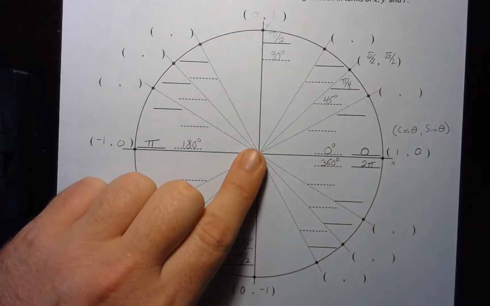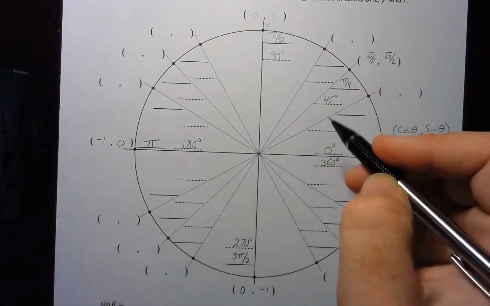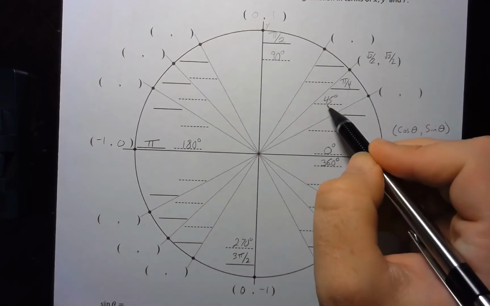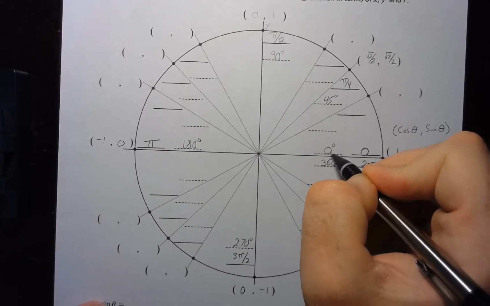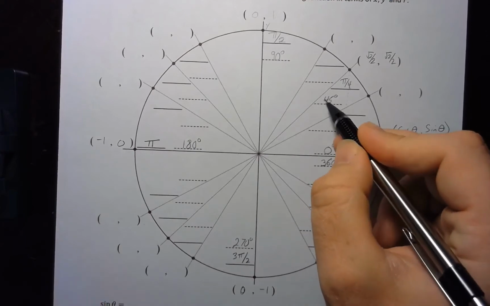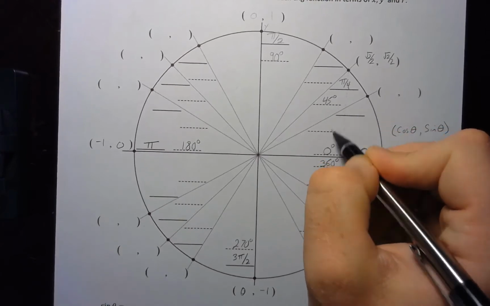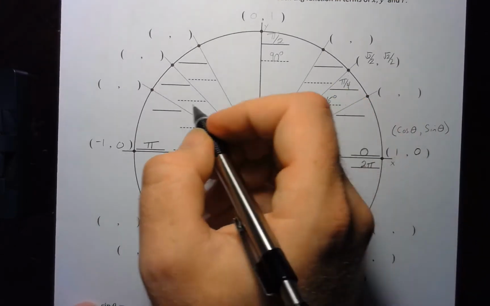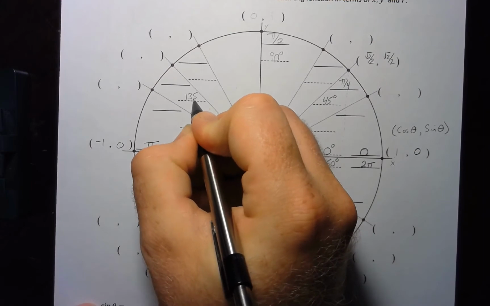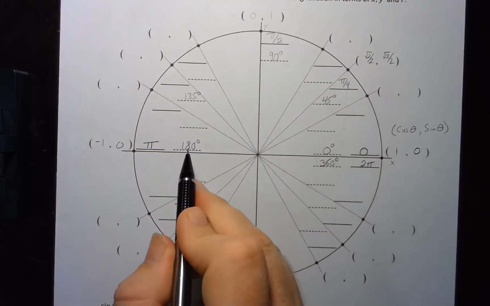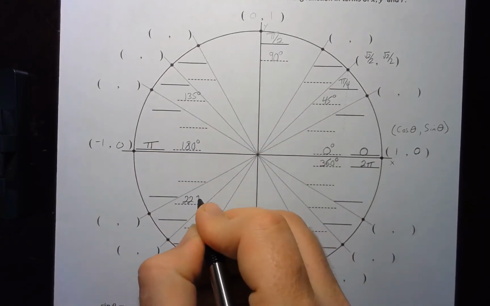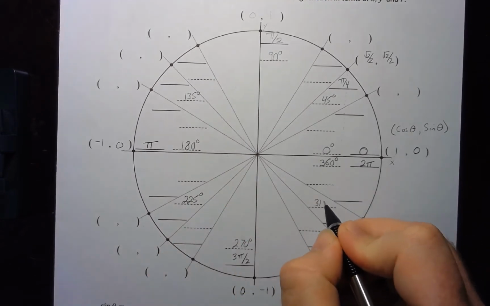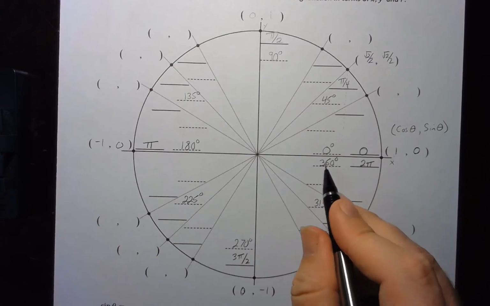Now, to fill in the rest of the values, before I go any further with the x and y coordinates, let's count the degree measures. Now again, I don't really like counting these degree measures, but we're going to have to do it. I go from 0 to 45, I add 45 to that, I get to 90, I add 45 to that, I get to 135, 45 to that, I get to 180, 45 to that, I get 225, 45 to that, I get 270, 45 to that, I get 315, and sure enough, if I add 45 to that, I get back to 360.